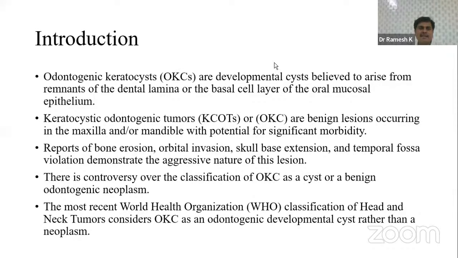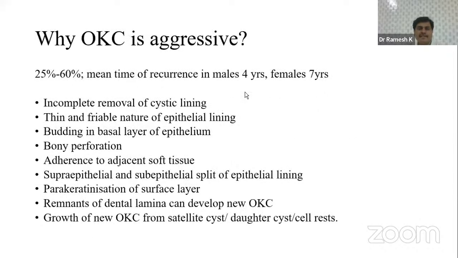lining, or the thin or feeble nature of the epithelial lining, or budding in the basal layer of epithelium, bony tissues, or superficial epithelial or subepithelial spaces of the epithelial lining, or parakeratinization of the surface layer, or remnants of dental lamina can develop new cysts, and growth of new cysts from satellite or daughter cells.